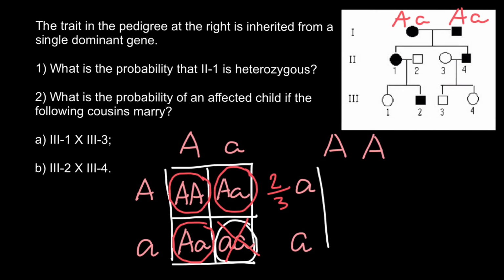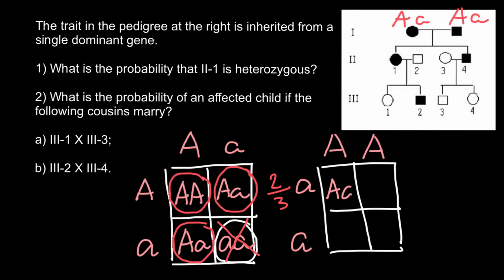So once again, when we build a Punnett square, as you see, genotypes would be as follows: capital A, small a, capital A, small a, capital A, small a, and capital A, small a. So as you see, 100% of the progeny, regardless of the sex, because this is not a sex-linked genetic disorder, would be affected.